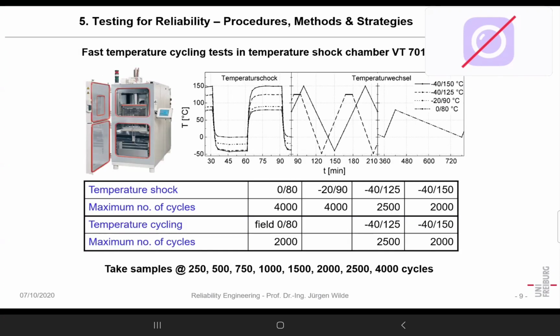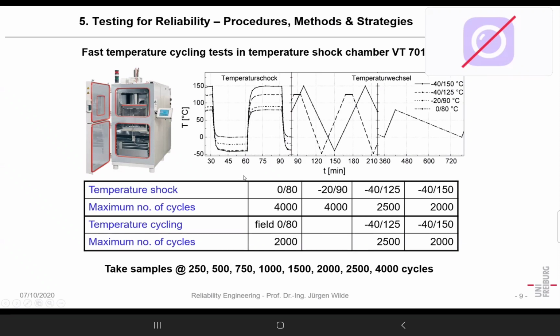One test which is very important, not so much for single devices but when you build modules, is temperature cycling. Sometimes standards use different wording. For instance, here we called it temperature shock.